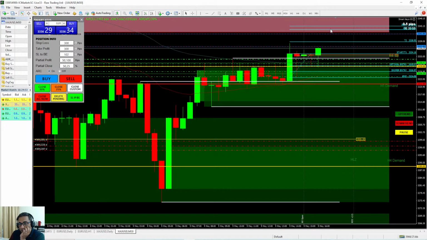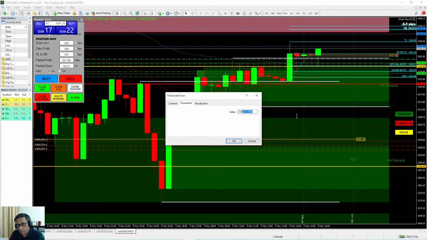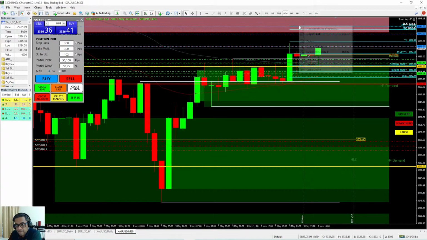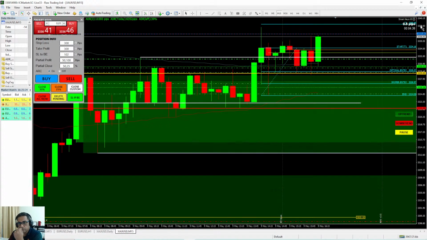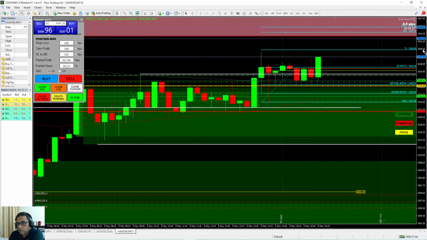Then we'll create a bottom wick and we're pushing all the way up to 342, even 345. There we go. Partial positions out, 337.